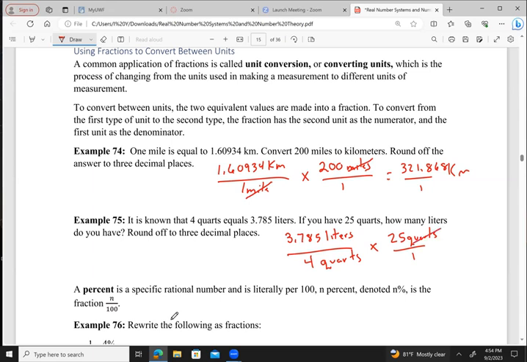So now I know the quarts are going to cancel out. Do my multiplication, 3.785 times 25, and I get 94.625. Multiply my denominators. Don't forget we have a 4 here instead of a 1. Then simply divide by 4, and I have 23.65625 liters.